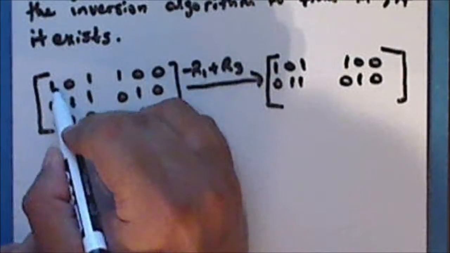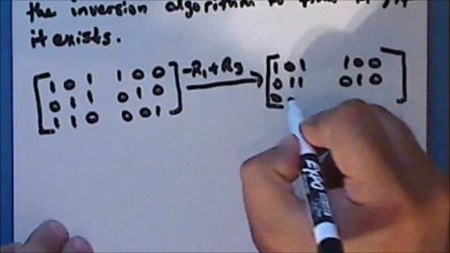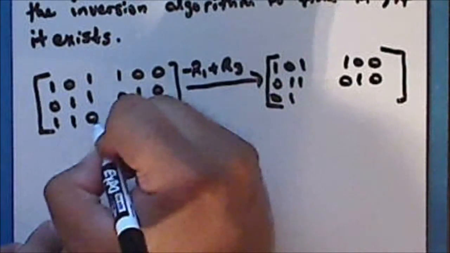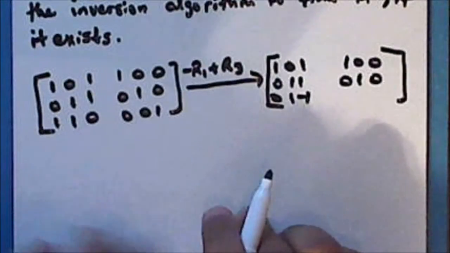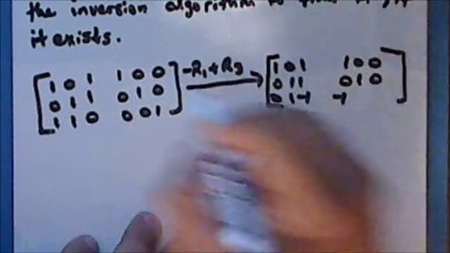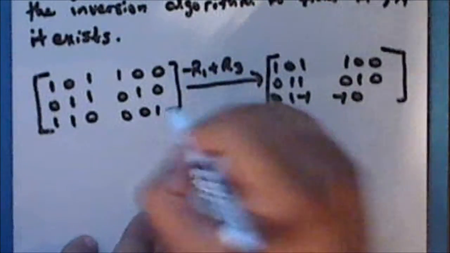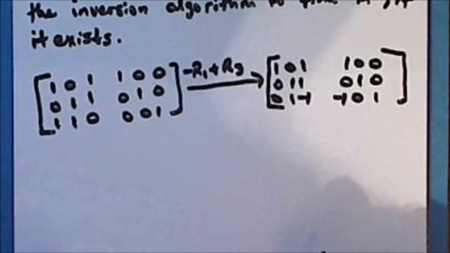Now negative 1 plus 1 is 0. 0 plus 1 is 1. Negative 1 plus 0 is negative 1. Negative 1 plus 0 is negative 1. 0 plus 0 is 0, and 0 plus 1 is 1.